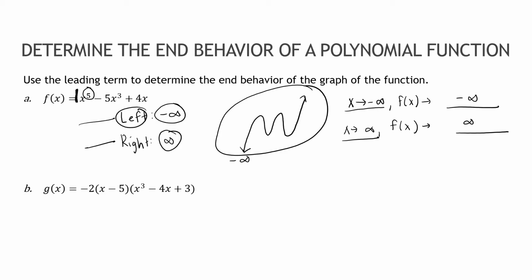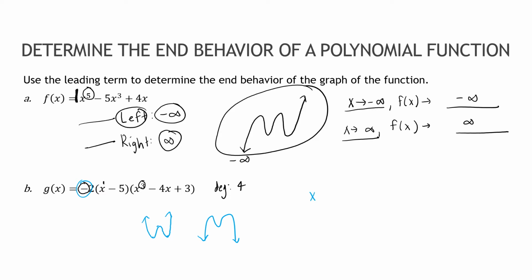Same thing here, but be very careful because this one has some factoring going on. This is a degree of 1 plus 3, so this is a degree of 4. The value in front is negative. If it was a degree of 4 and positive, remember it looked like this, where I had 3 humps and it was up and up. But because I've got the negative, it's going to look like this, down and down.